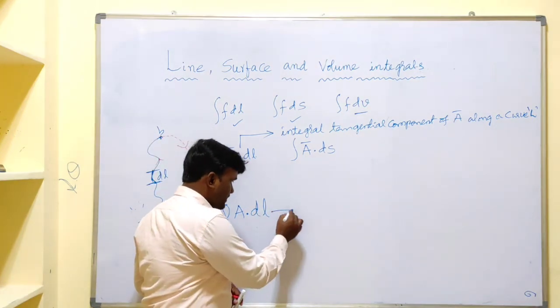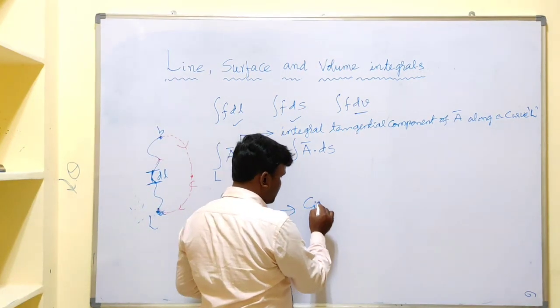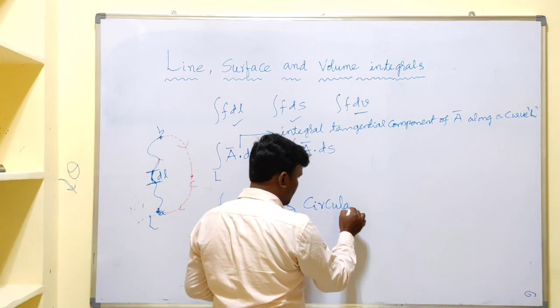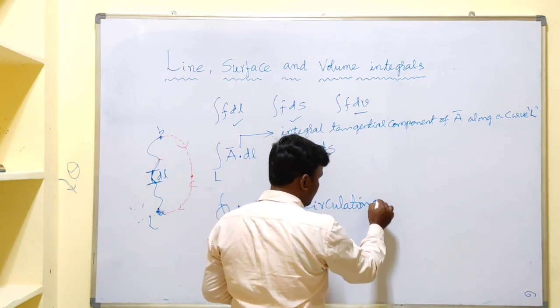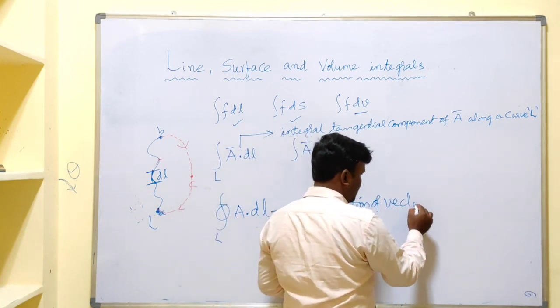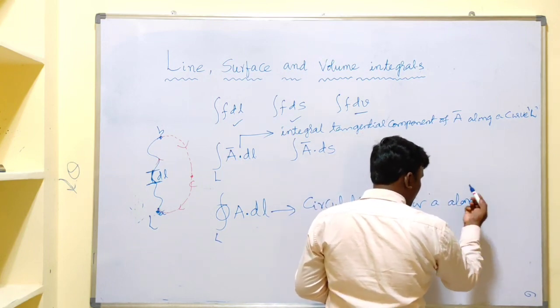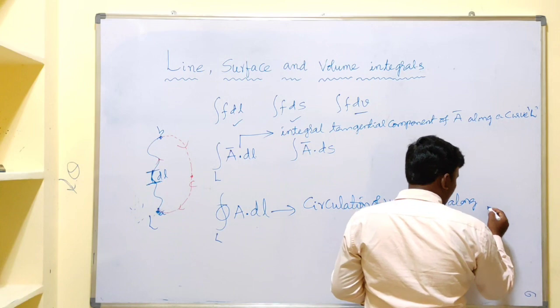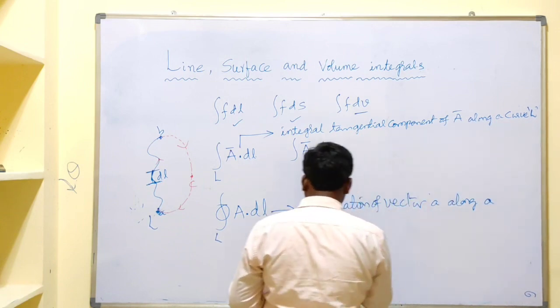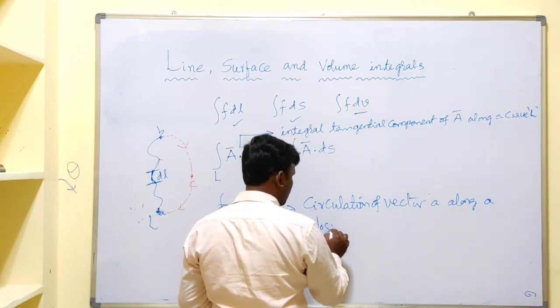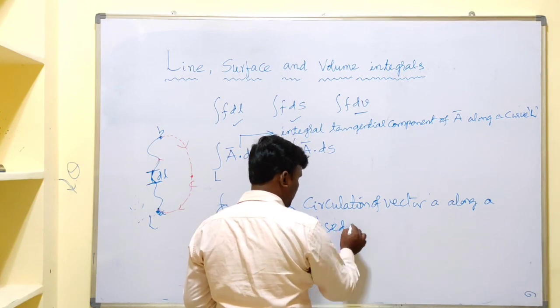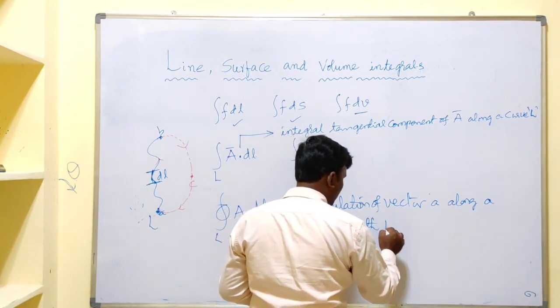What does it represent? It represents the circulation of vector A along a closed path L. Here, what is the closed path?